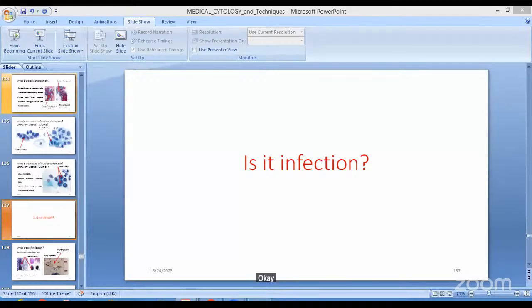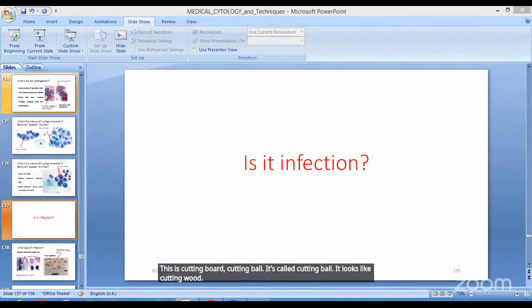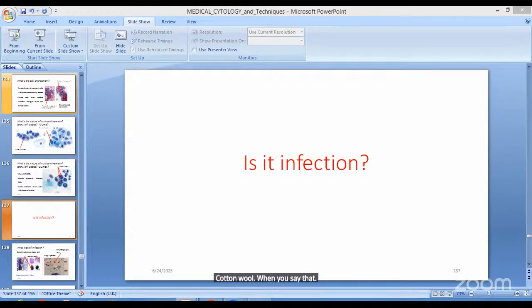We'll look at some infectious organisms. Bacteria: Actinomyces. Actinomyces are thread-like filamentous bacteria that you can see in a cytological smear. This is called a cotton ball. It looks like cotton wool. When you see that, that is a bacterial infection, Actinomyces.